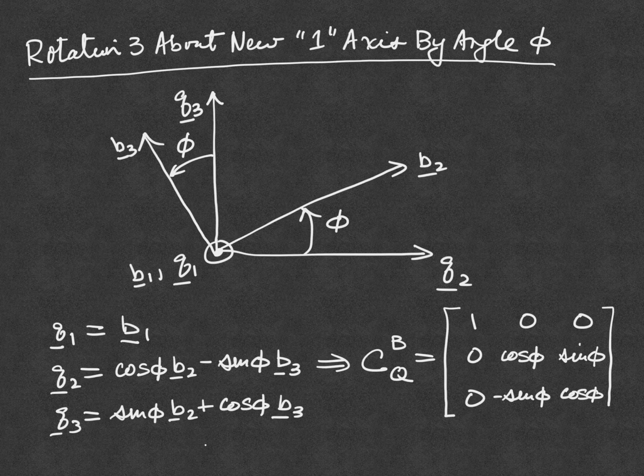And then the angular velocity of B in Q is equal to phi dot times B1.